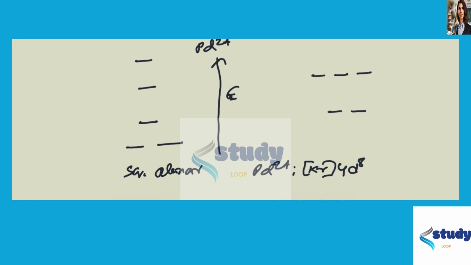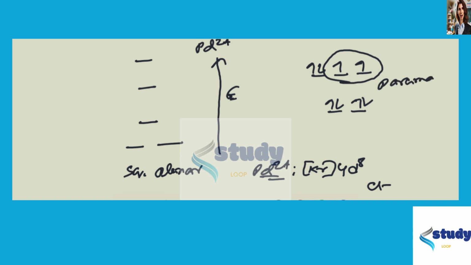Since the ligand here is chloride, a weak field ligand, in the case of tetrahedral splitting the energy gap will be low, and electrons will occupy both lower and higher energy level orbitals: 5, 6, 7, 8. So if the complex you're given here was tetrahedral, we would have two unpaired electrons, and unpaired electrons mean the complex would be paramagnetic.